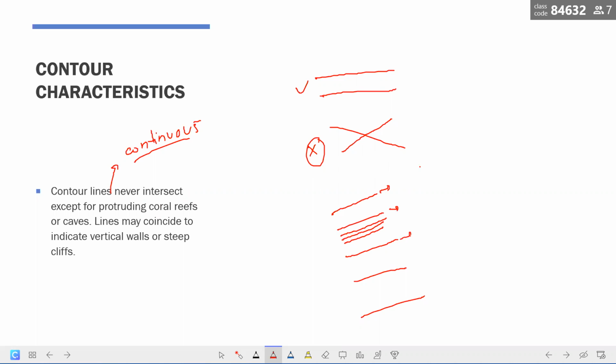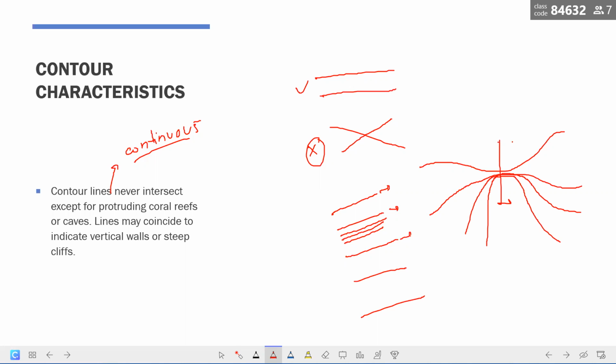They do coincide. You may encounter contour lines like this, like so, and this might even coincide, but it doesn't intersect. This might even coincide here, or they come really close, indicating a vertical wall or a very steep slope.